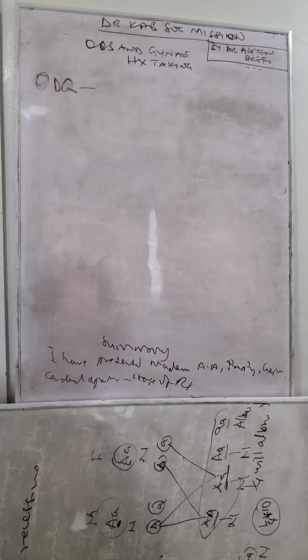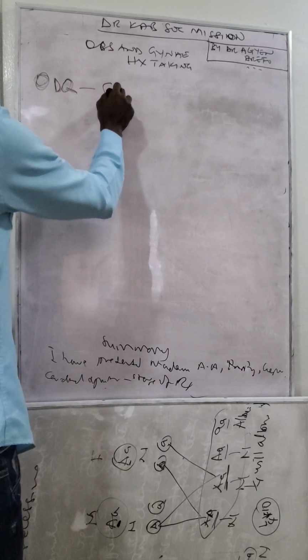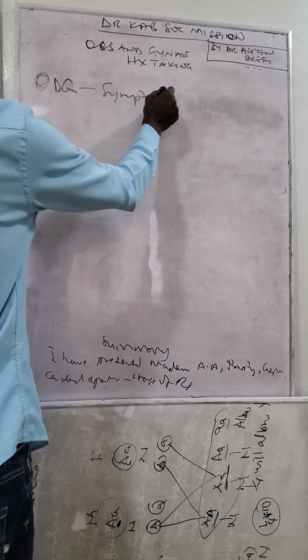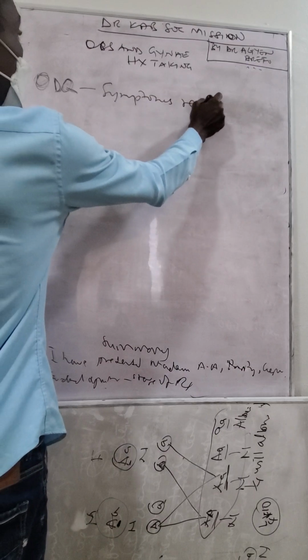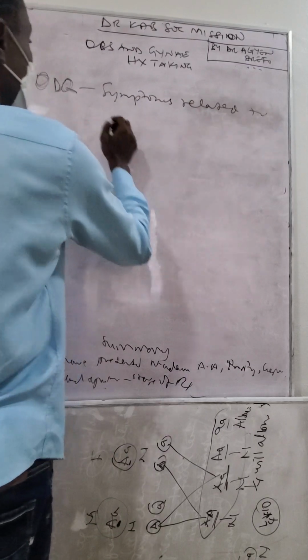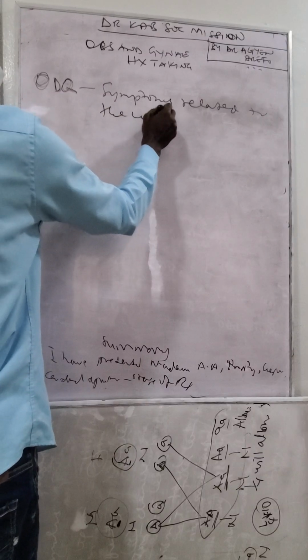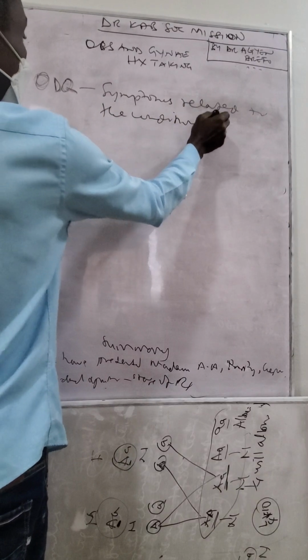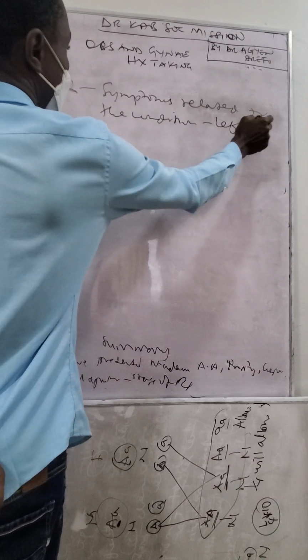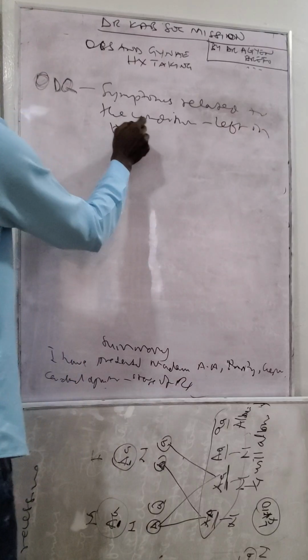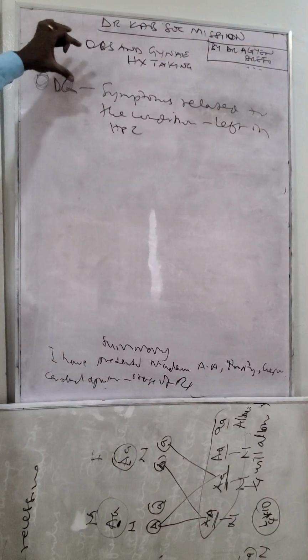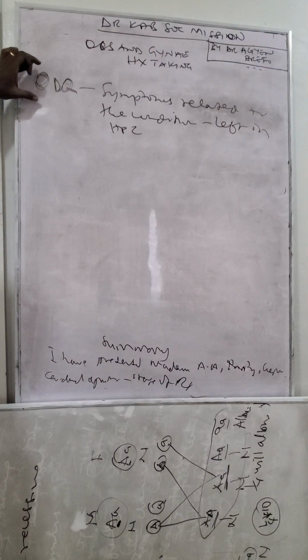Your direct question is going to look at, I'll put it here, symptoms related to the condition that you left out in the HPC. So those things that you could not capture under the HPC, you are now going to put under the direct question.